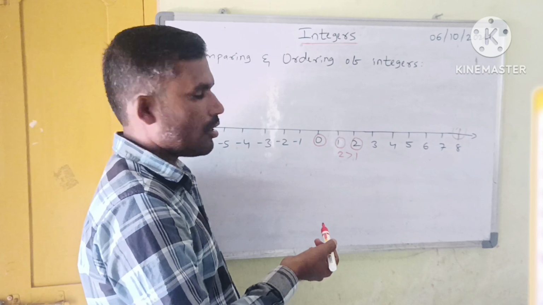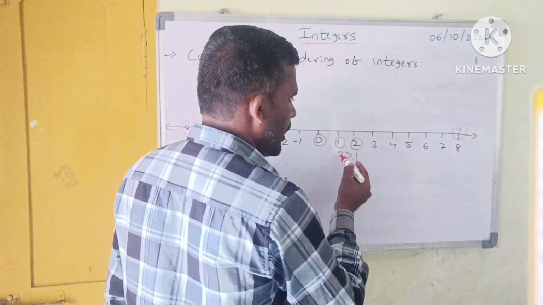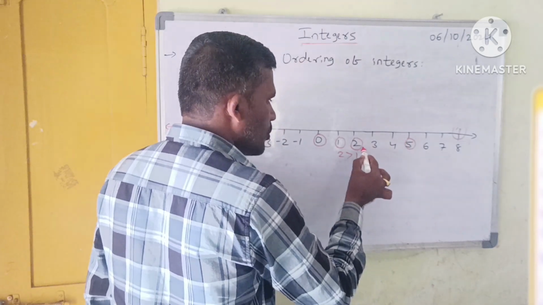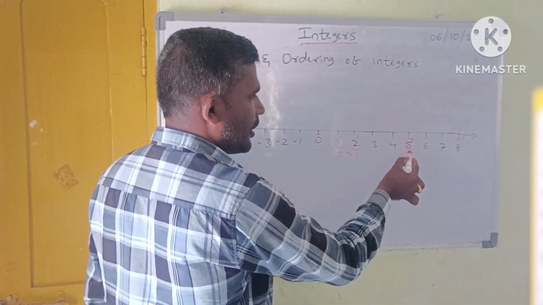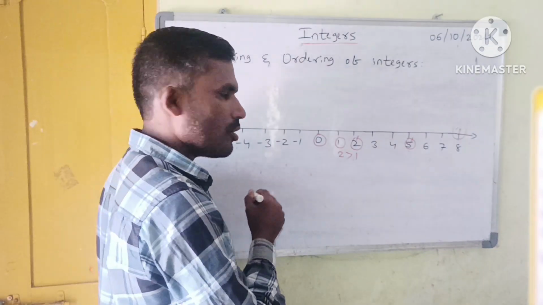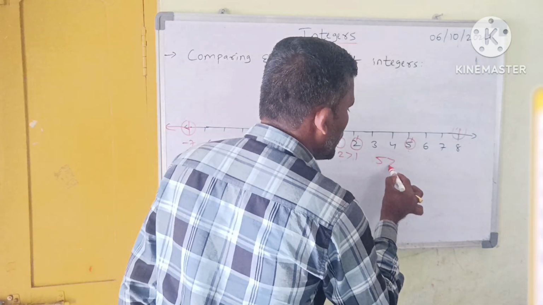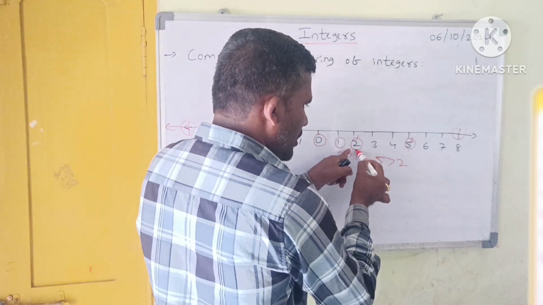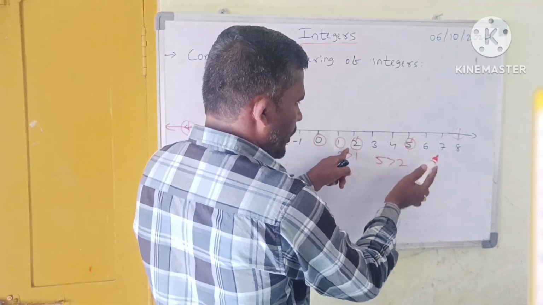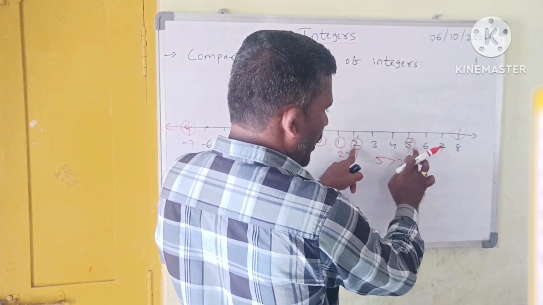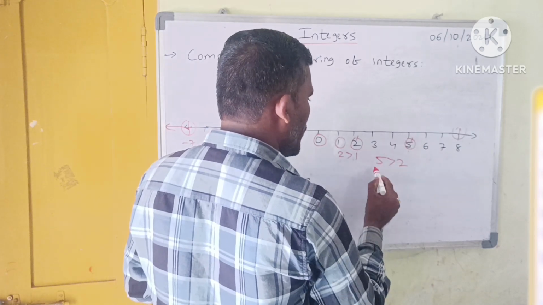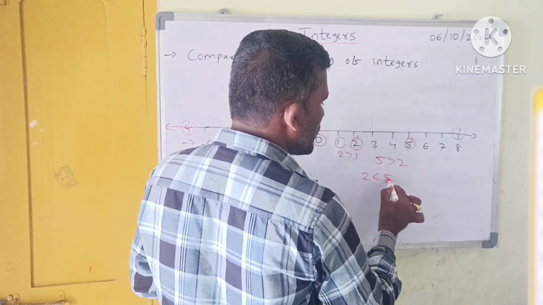This type we learned in whole numbers also. 5 is on the right side of 2, so definitely 5 is greater than 2. And 2 is on the left side of 5, so automatically 2 is less than 5.